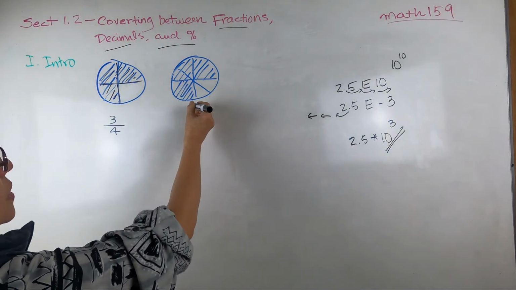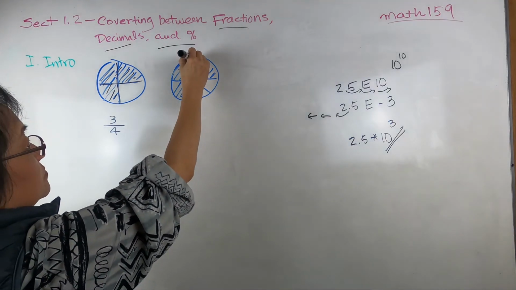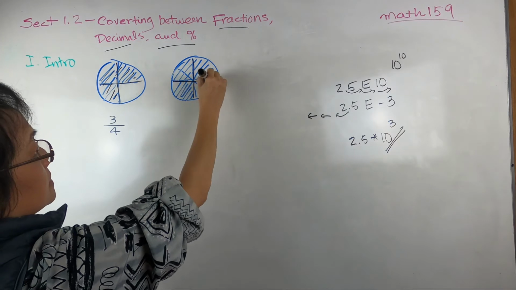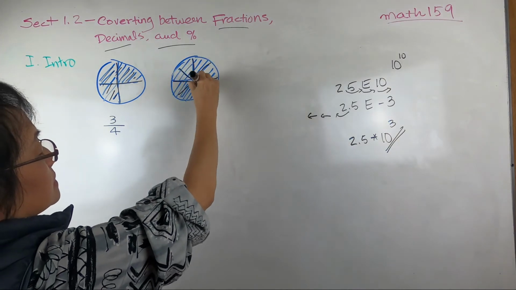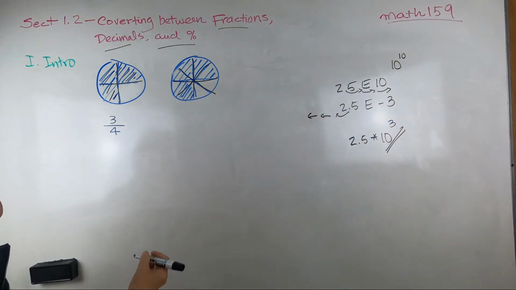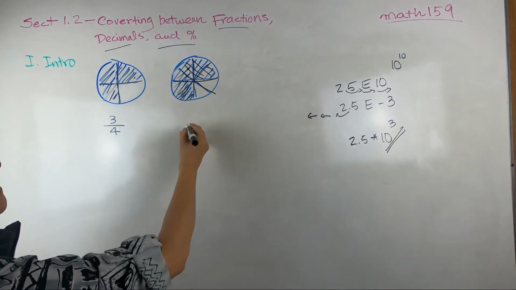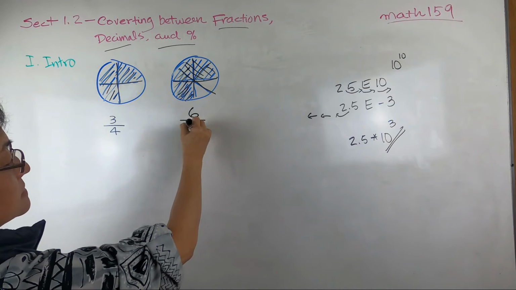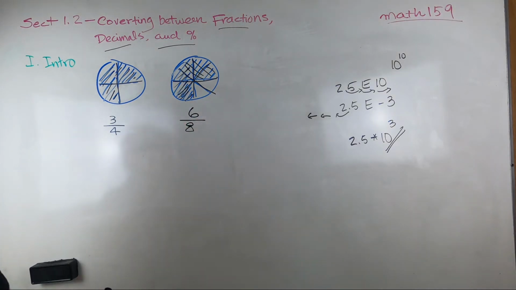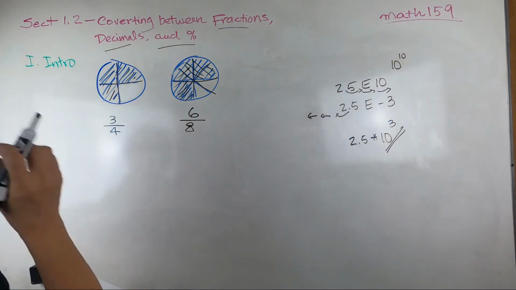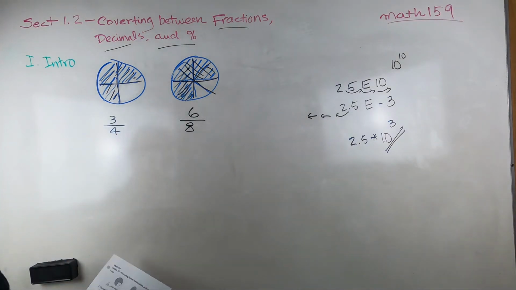Then for this one, if you cut the pizza, how many pieces? This way, 8 pieces. Then how many pieces do you take? 6 out of 8. Are they the same? Yes. So this is the way to show fractions.